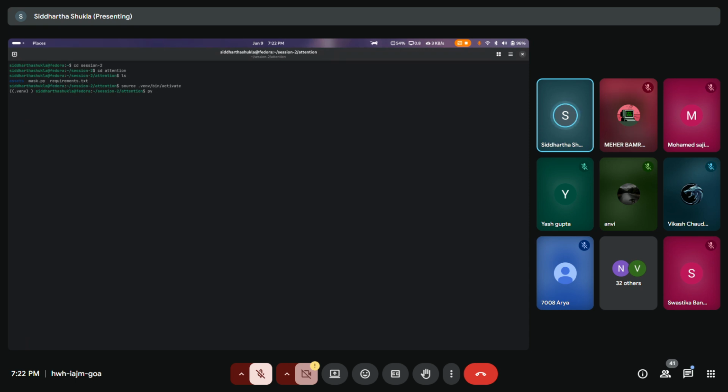In this case, how we're going to work it out is, with BERT, we're going to omit one word from a sentence, and the BERT model is going to help us predict what that masked word is. So this is essentially a masked language model that I am leveraging for the scope of this project. And we're going to run this using python mask.py.